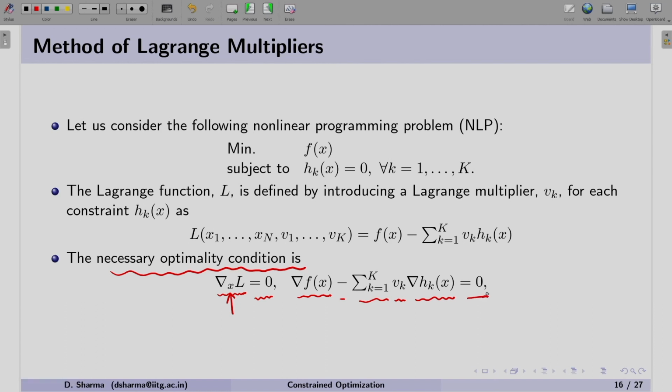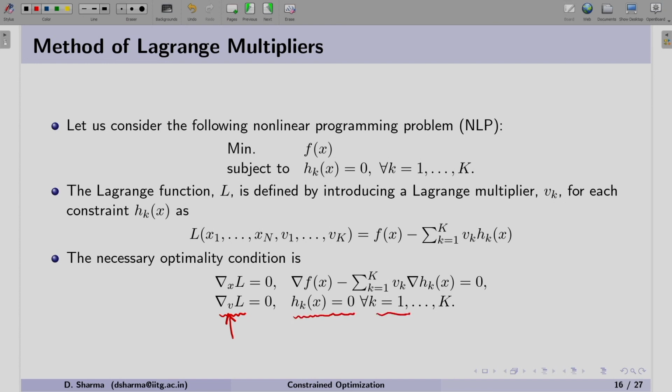This is the condition which we know as the necessary optimality condition. Apart from x, we have other variables, which are Vk. When we find the gradient of the Lagrangian function with respect to the Lagrangian multipliers V, we get hk of x equals 0 for all k.